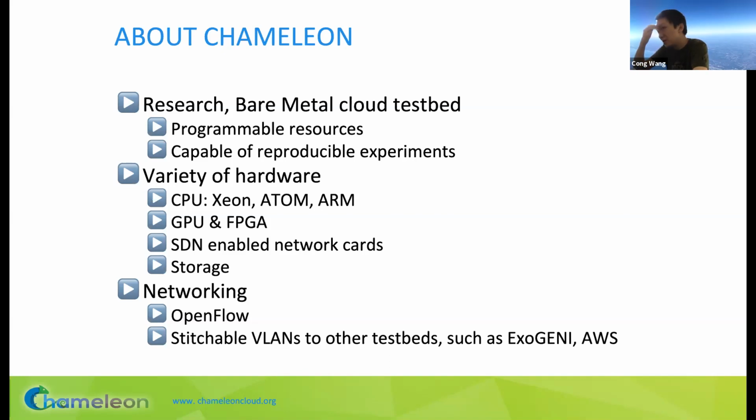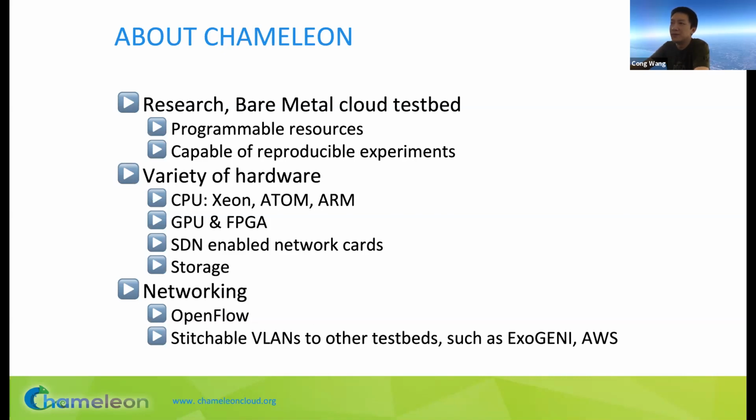So in the future, when you come back to the same node and boot it with your customized operating system or kernel, it's almost guaranteed that you will get the same software and hardware for your experiments.